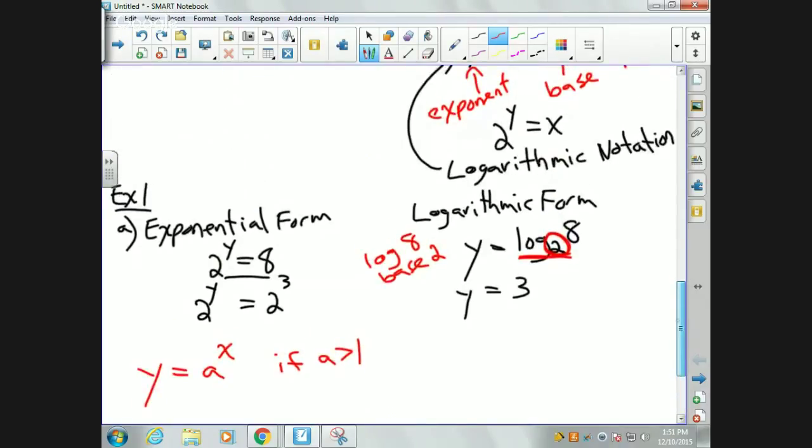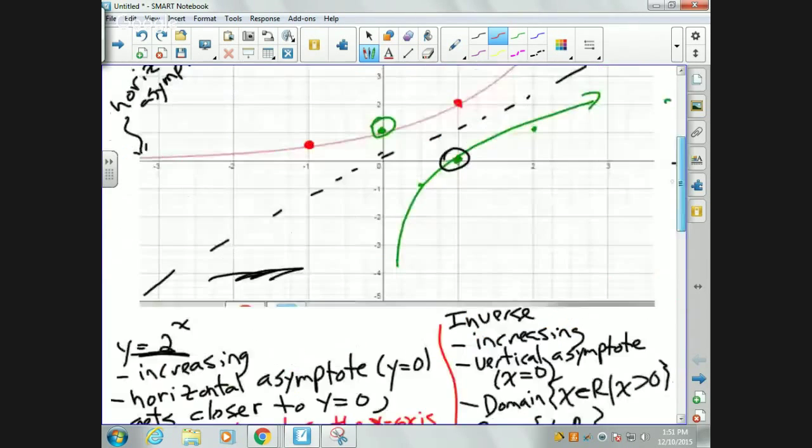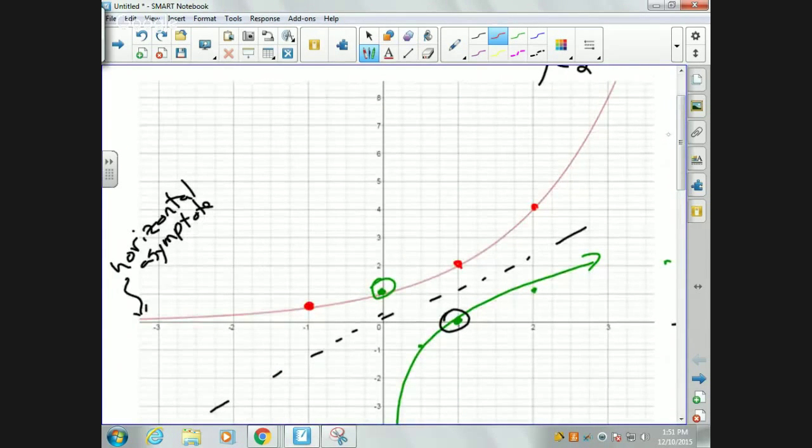For y equals a to the x, if a is bigger than 1, we did that way back over here. a was 2 here. What happens if a is 3? How's the graph going to be different if it's y equals 3 to the x? Or y equals 4 to the x. Yeah, it's going to increase faster. So y equals 3 to the x. Notice here, it's not a coincidence that at x equals 1, the y value here was 2.